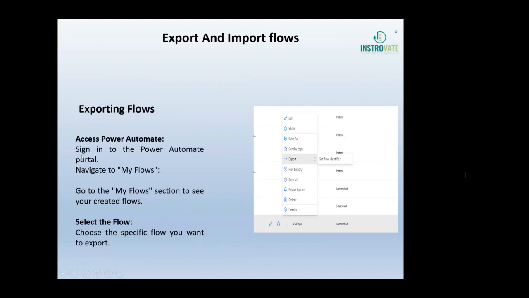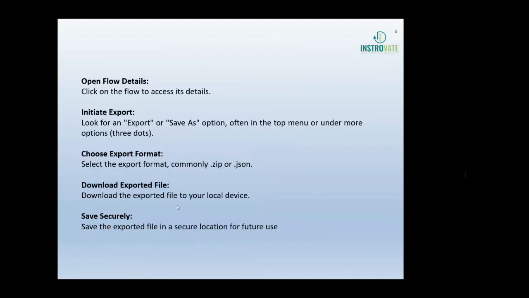So basically, you can access Power Automate by signing in to the Power Automate portal. You can navigate to the My Flows section, and all the flows you have created will appear in My Flows, and from there you can select the specific flow you want and export that flow.